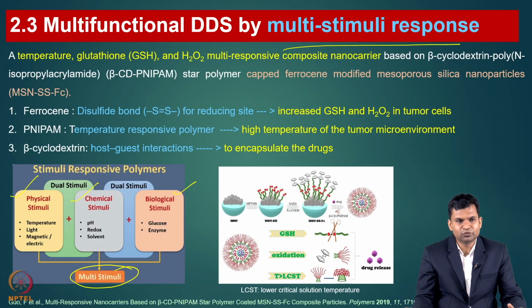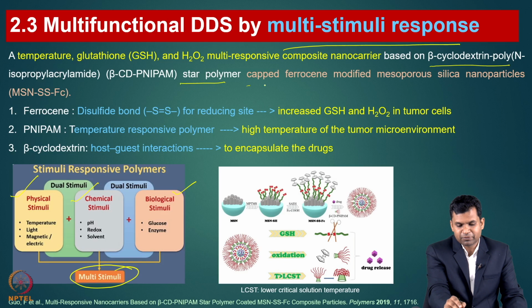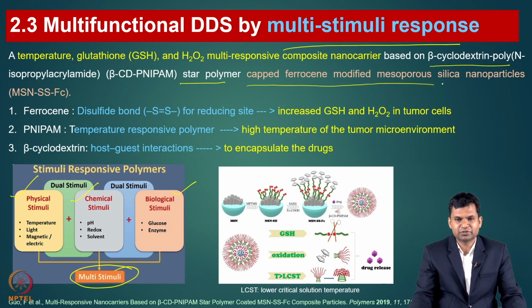Here is one example you can see: a temperature, glutathione, hydrogen peroxide multi-responsive composite nanocarrier based on beta cyclodextrin poly N-isopropyl acrylamide star polymer capped with ferrocene modified mesoporous silica nanoparticles. Now, let us try to understand what this system is.